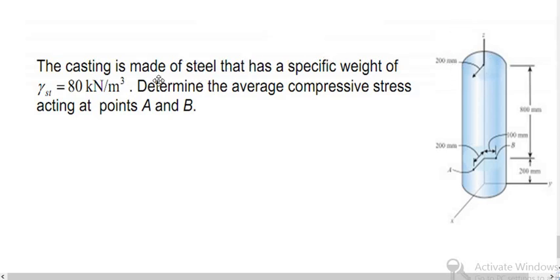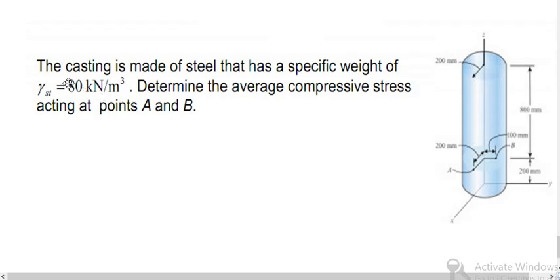So we have some notices in this question. First, it is a specific weight. When we say specific, there is a kind of property of the material that is divided by volume. So each property of the material is what one volume of that material possesses.